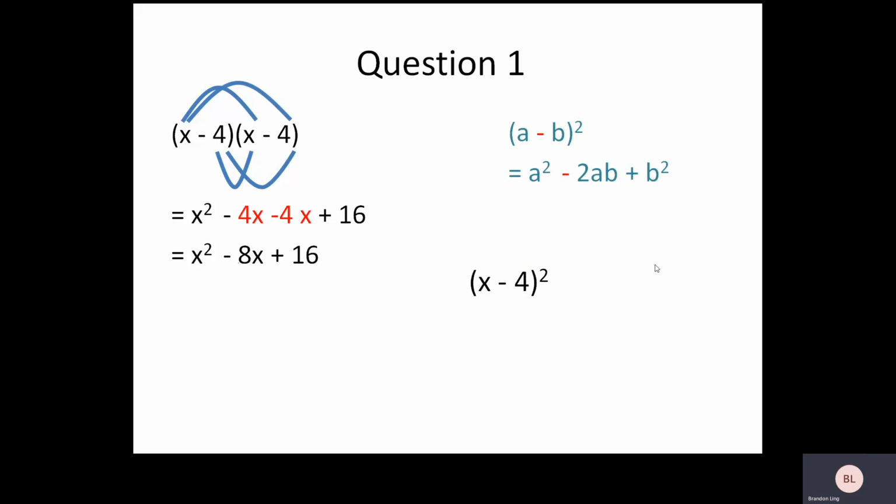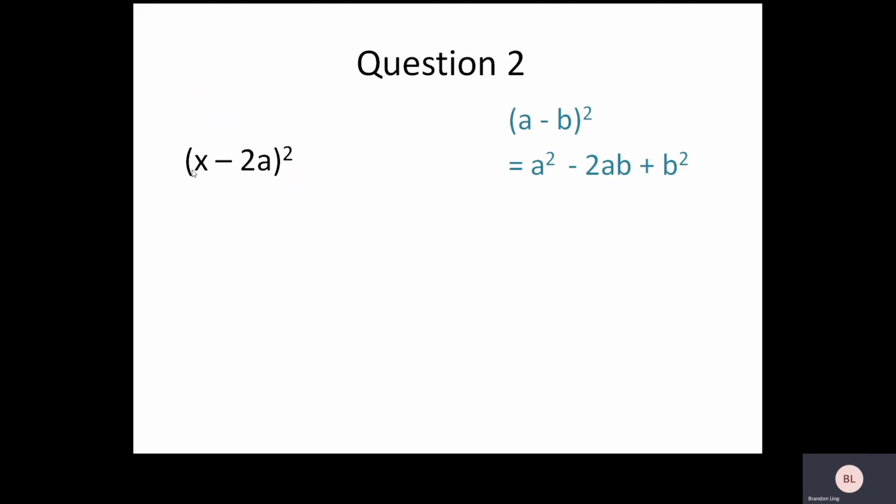So what it's going to look like will be x squared minus 2 bracket x multiplied by 4 plus 4 squared. So this is the formula that you need to write down in order for you to practice for the time being. And lastly, you combine these 3 terms together, it becomes negative 8x, which is the same as the conventional method.